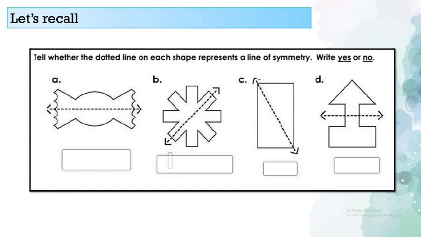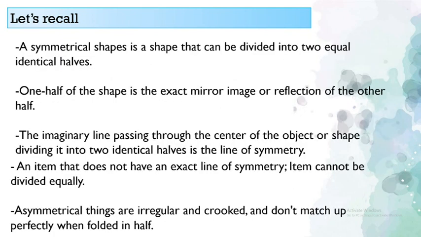Students, let's recall the definition of symmetrical and asymmetrical. As I explained before, a symmetrical shape is a shape that can be divided into two equal, identical halves. One of the shapes is the exact mirror image or reflection of the other half.